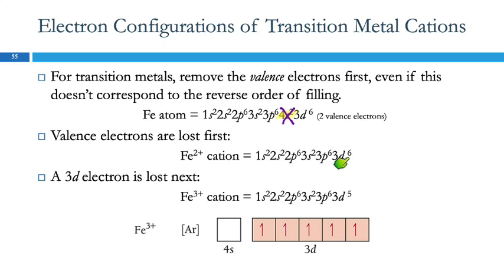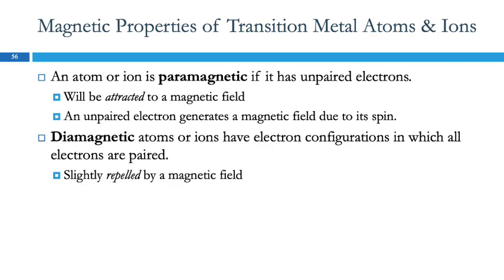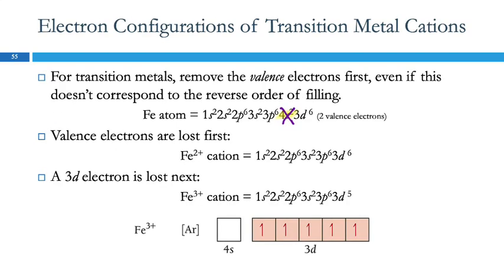Now we can just go in reverse order of filling and get rid of one of these. So we have 3d5. Any questions about that? Transition elements, you lose the valence electrons first. Those are those s electrons.